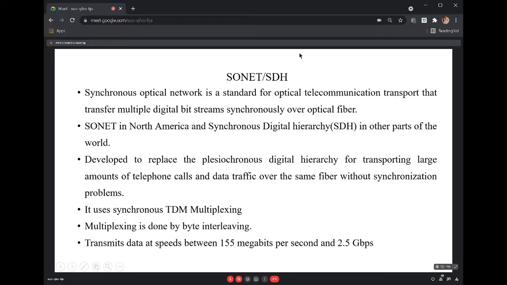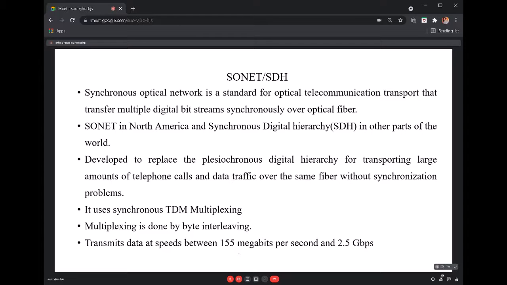That means it is going to synchronize without any problems. Basically it uses synchronous TDM multiplexing. How will multiplexing be done? Multiplexing will be done by byte interleaving.